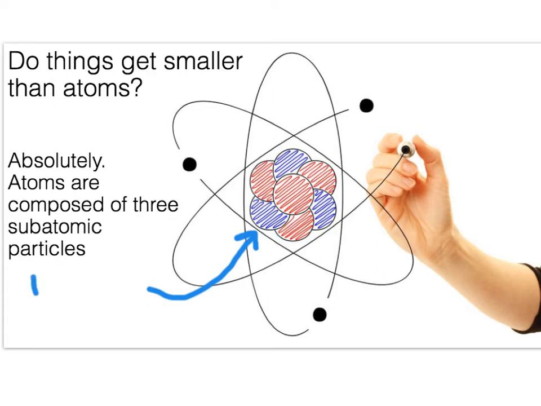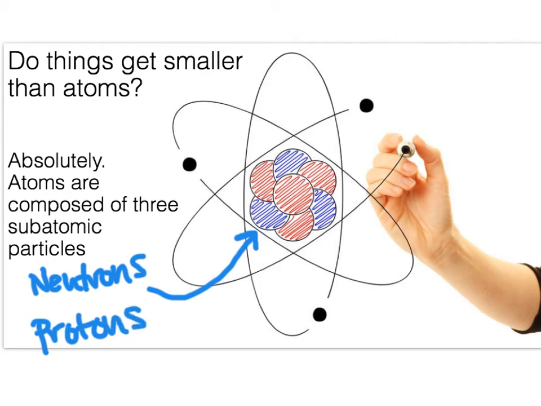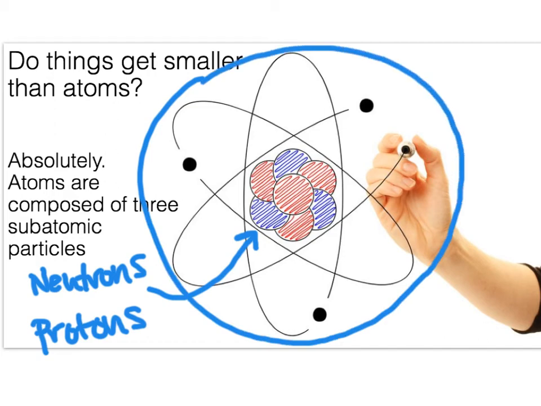We have the neutron, and we have the protons. Okay? And these exist in that tightly packed center part of the atom. And then, of course, we have all of this voluminous space out here, which is composed of these whizzing, whirling, quickly moving third subatomic particle, and this right here is going to be our electron.